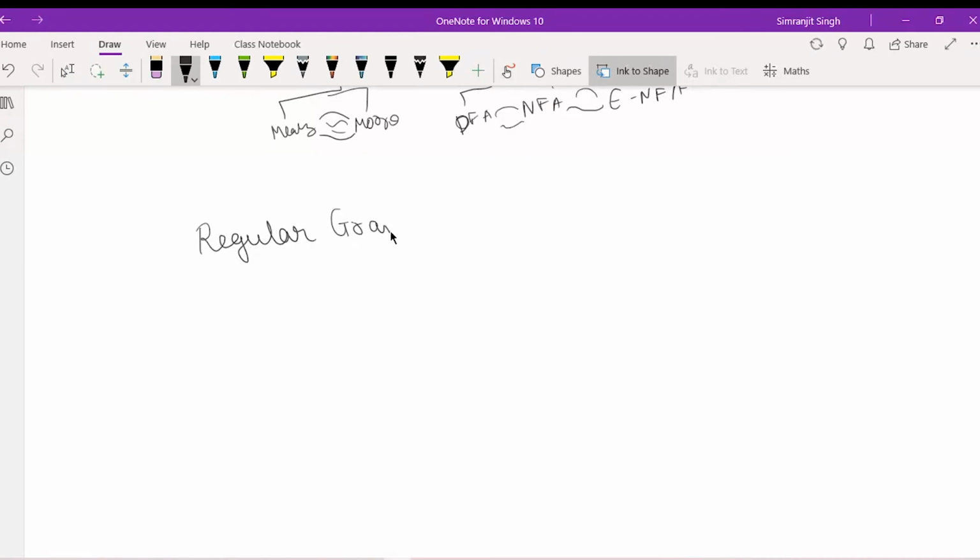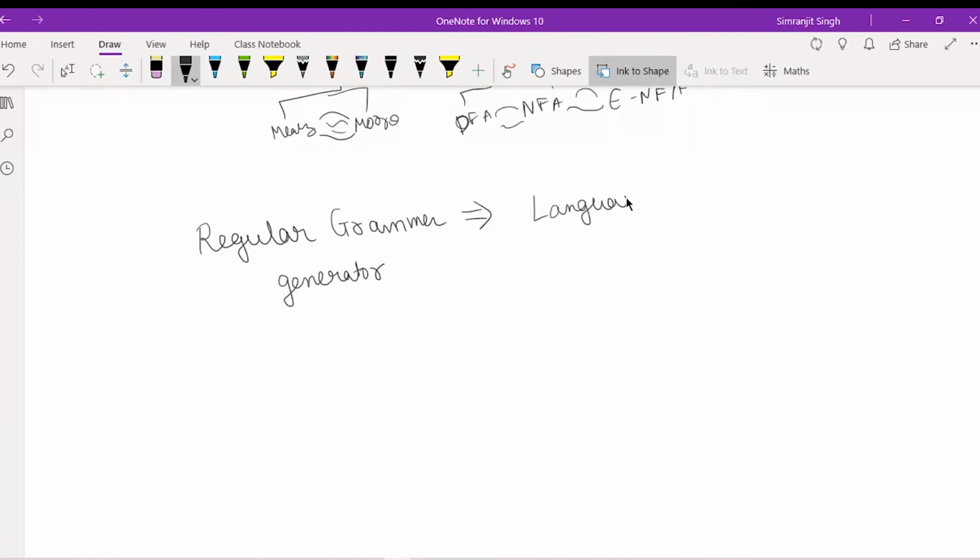Do not get confused here; we will talk about each component extensively. There is something called a grammar. In English grammar, the words are formed or generated by a particular set of rules called grammar. So a regular grammar is a generator like our English grammar, and it generates a particular language.